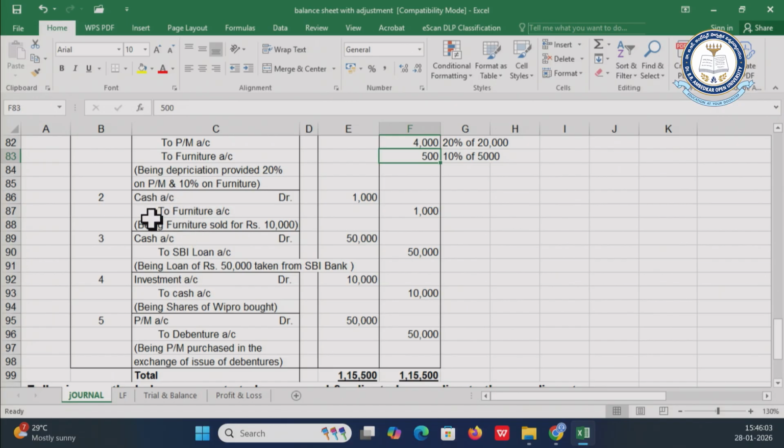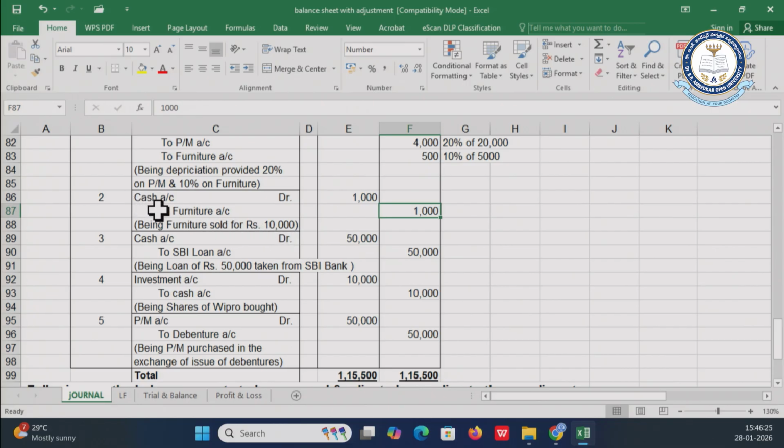Then likewise we sold the furniture. When we sell the furniture, cash comes into the company, and as per the real account, just as we discussed, debit what comes in. Cash account debit 1,000 to furniture account, that is 1,000.